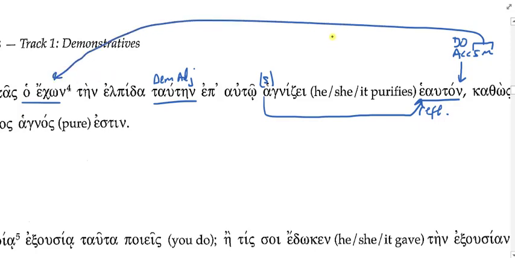Okay, so here's the important thing, and this is why I'm asking. Words that are pronouns have case, gender, and number. The case is determined by what? Its function. Here it's direct object function. That's why it's accusative. Its gender and number is determined by its antecedent, which is ha echon.